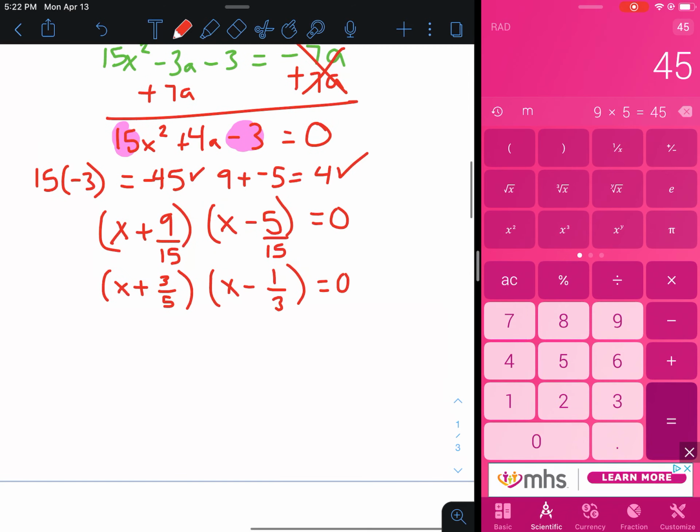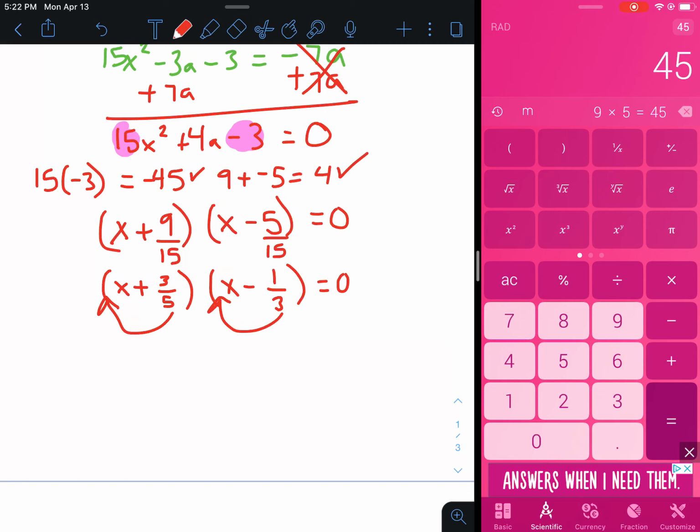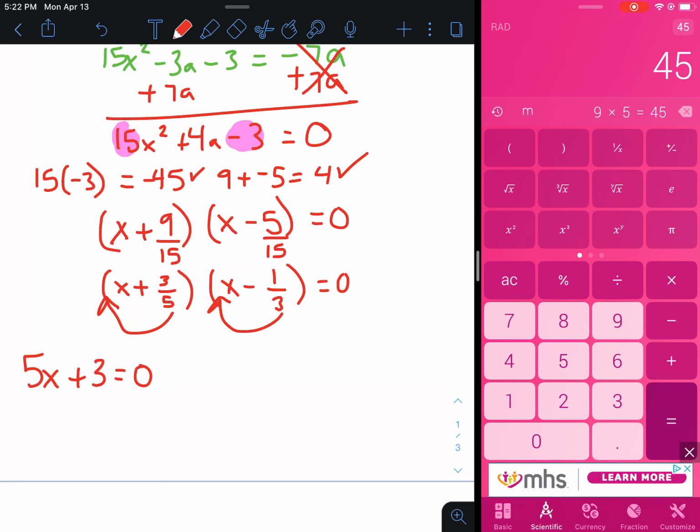Now I'm going to do my bottoms up method. I now have, oops, 5x plus 3. That's our one factor, and I'm automatically going to set it equal to 0 since I know I need to do that. And then the other one will be 3x minus 1 equals 0. Okay, so now I'm going to simply subtract 3 here, and then divide by 5.